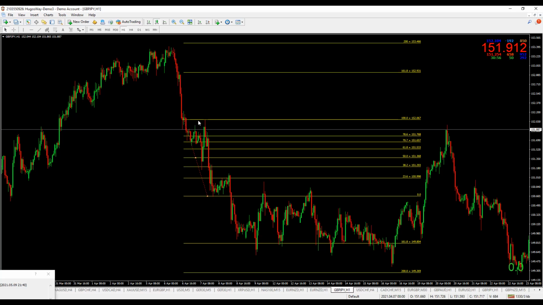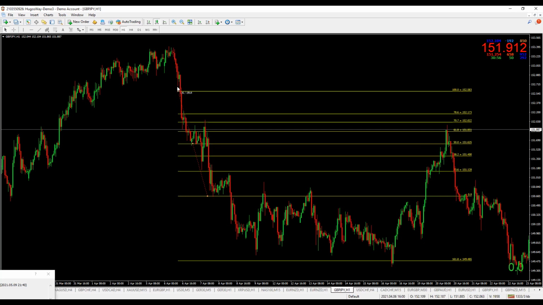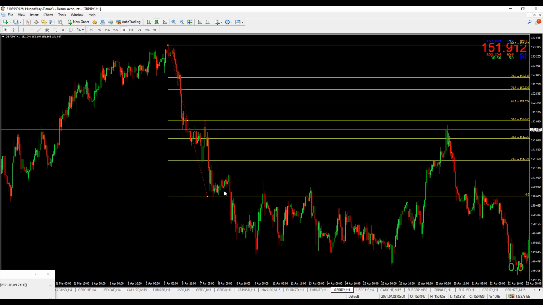And obviously, you can see if anybody did that, this would have pulled back to 23.6. It did not go higher than that. How about if we had gone the other way? It was pretty much the same thing, except that on this occasion, it did not even get to the 23.6.